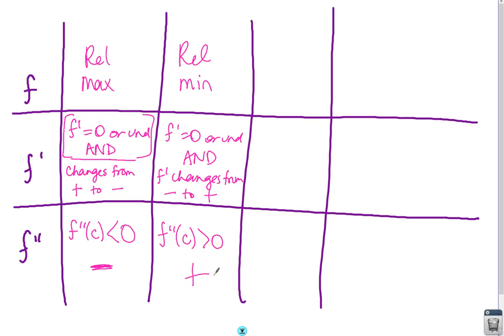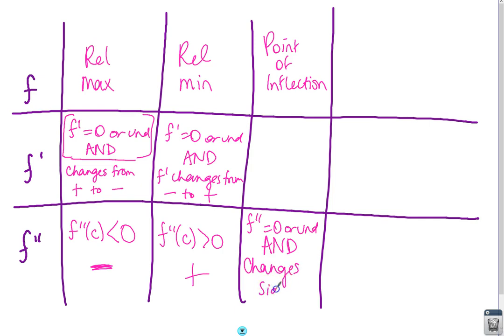The only other special thing we need to talk about is point of inflection. For a point of inflection, there's not really anything special to put in the first derivative column, but in the second derivative, this is where f double prime equals 0 or undefined and changes sign.